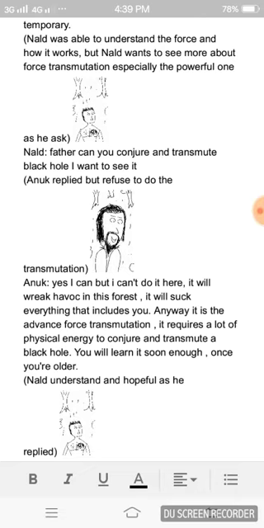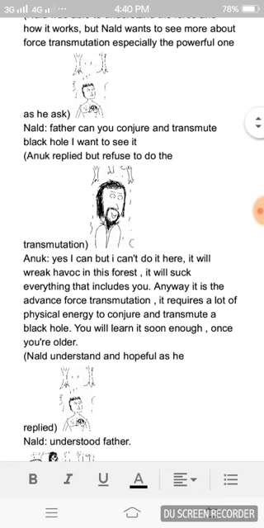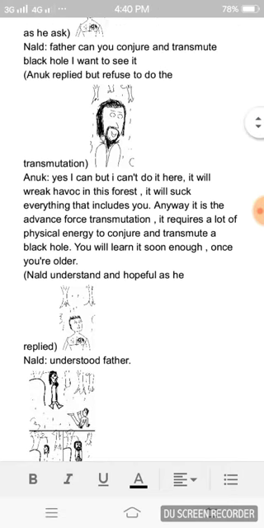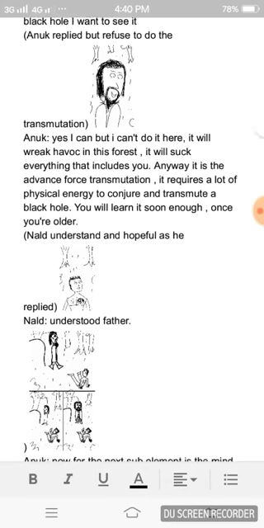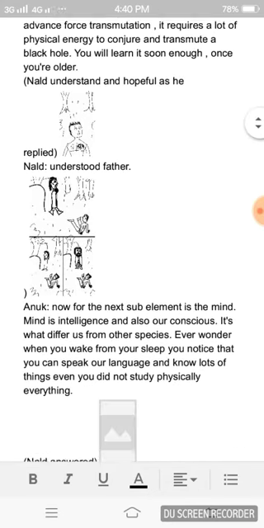It will suck everything. That includes you. Everything. Anyway, it is an advanced force transmutation. It requires a lot of physical energy to conjure and transmute a black hole. You will learn it soon enough, once you're older." Nald understood and was hopeful, as he replied, "Understood, father."